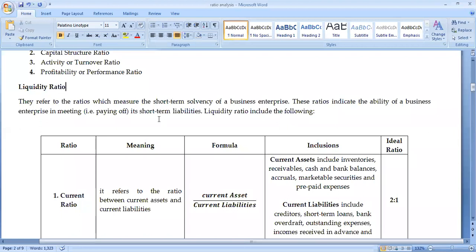Whenever a due arrives, how well can the company pay its debts, or meet its short-term obligations, as soon as they fall due? That will be studied in the liquidity ratio.